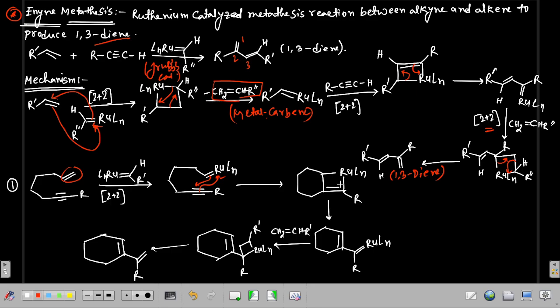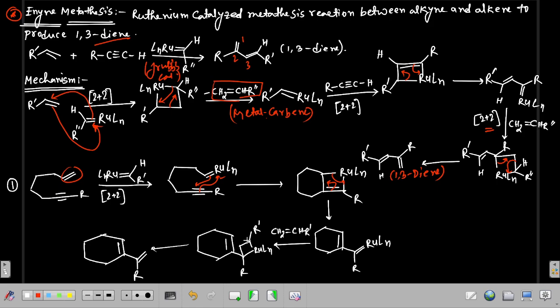And the next step will be ring opening reaction. So it will form this double bond here, and double bonds here, ruthenium alkylidene. Next it will react with this CH2 double bond CHR' in the reaction medium, so it will give this cyclobutane type of intermediate.